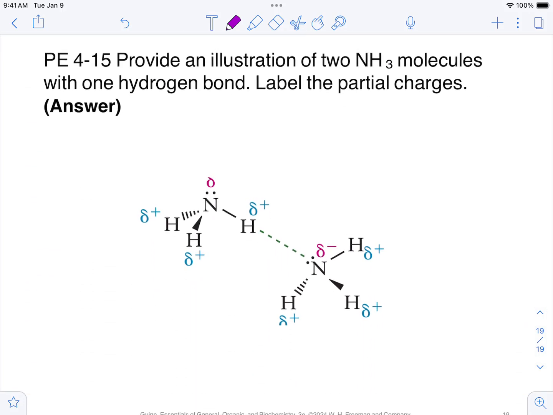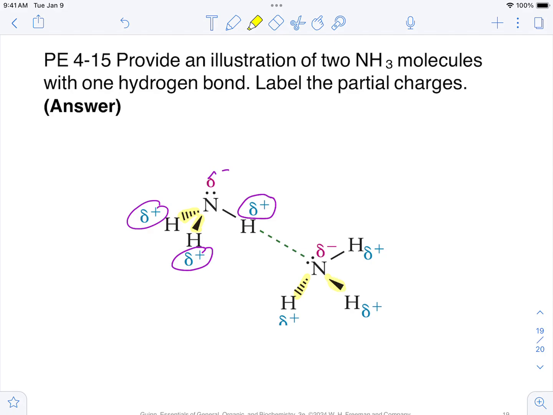So here are our two NH3 molecules. Notice how your delta positives are on your H's, and it looks like it got cut off here, but your delta negative is on the N. N is more electronegative than H. Okay, you did not learn about these yet, hashes and wedges.